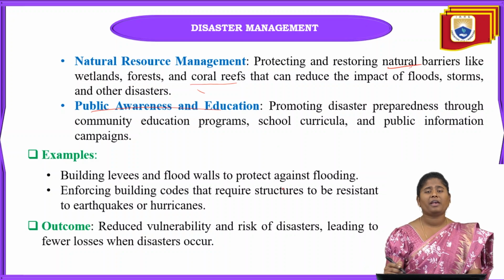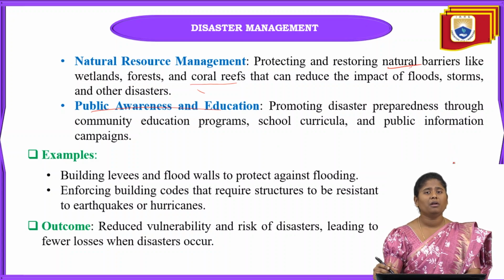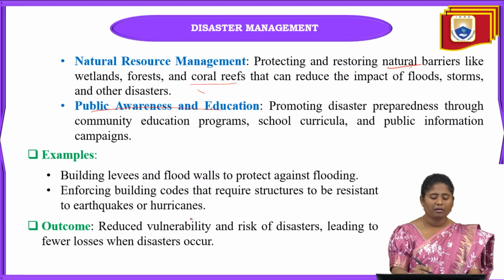Okay, the best example of this mitigation process is that we have to build levees and flood walls to protect against flooding, which can be very beneficial. And we have to follow the building codes. Why? Because by following the building codes we can get very strong structures that will be somewhat earthquake resistant buildings.